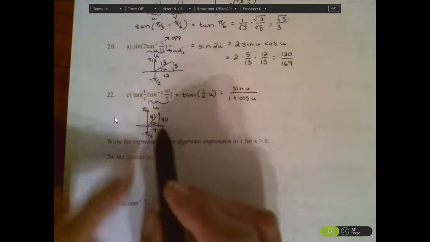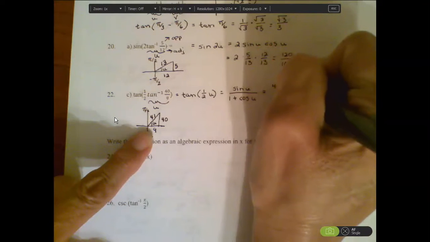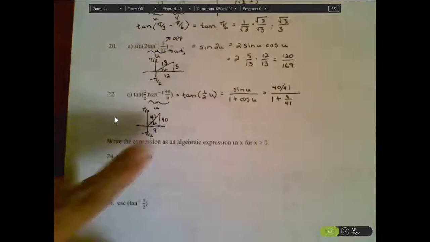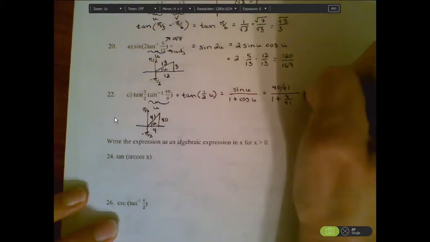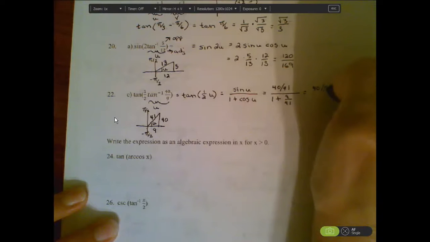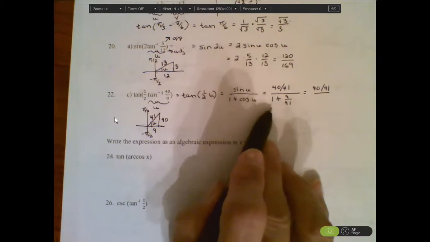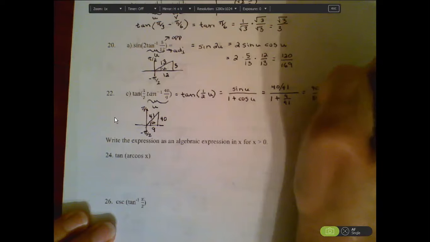Sine of u is opposite over hypotenuse. Cosine of u is adjacent over hypotenuse. You can punch that on the calculator if you had to. I would be so tickled if you didn't have to. If you could just say 1 is 41 over 41, and 41 over 41 plus 9 over 41 is 50 over 41.